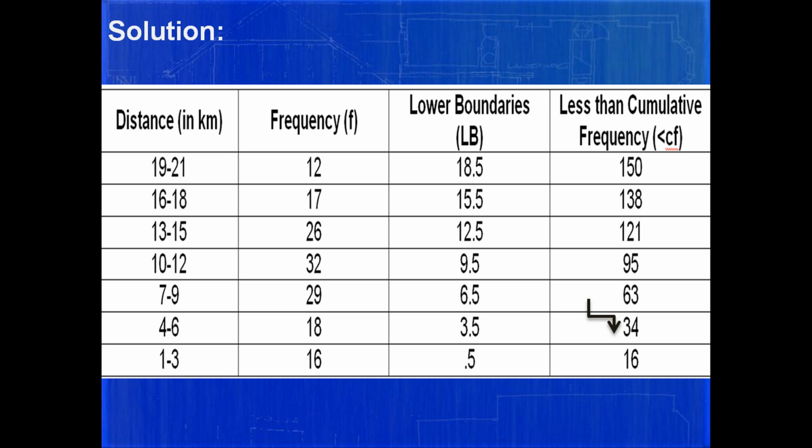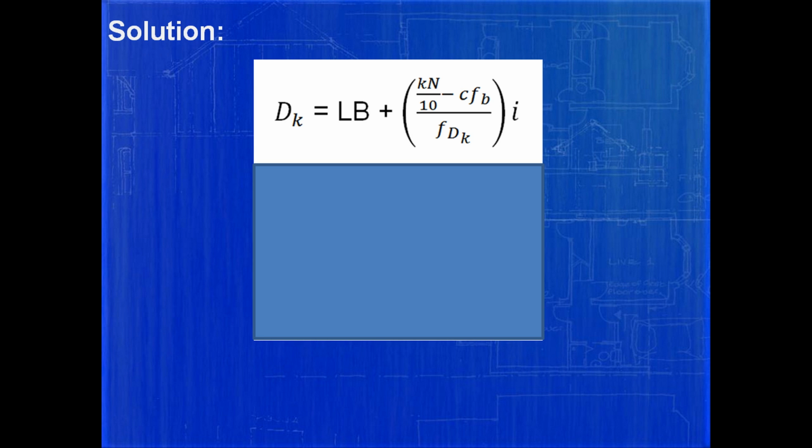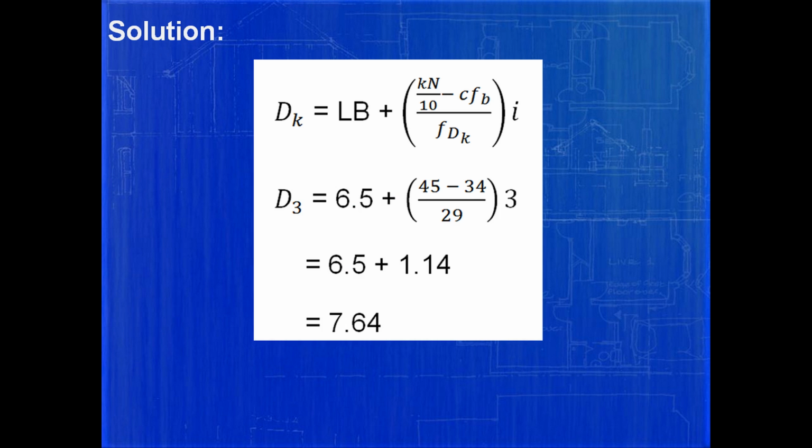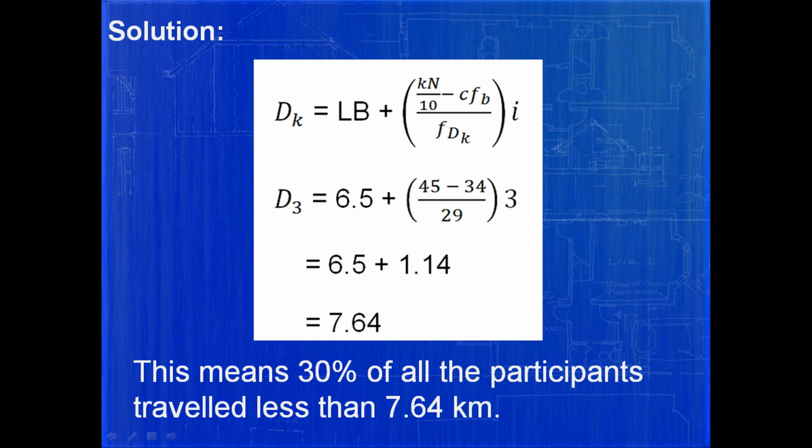And then your frequency is 29. Substituting the values of lower boundary, before cumulative frequency, and frequency, we can now use the formula. And that gives you an answer of 7.64. This means that 30% of all the participants traveled less than 7.64 kilometers.